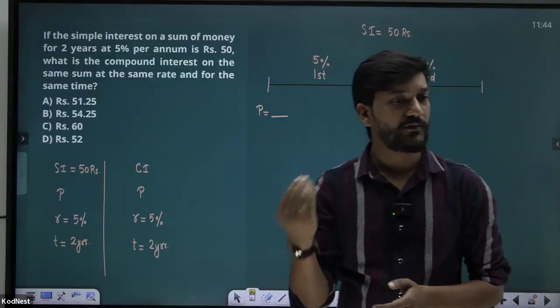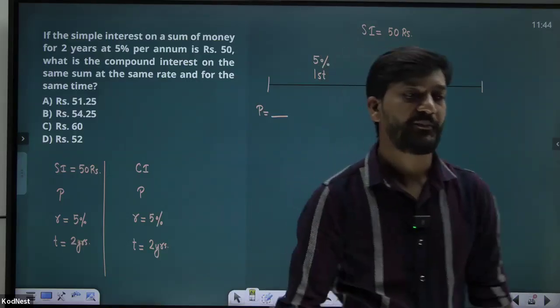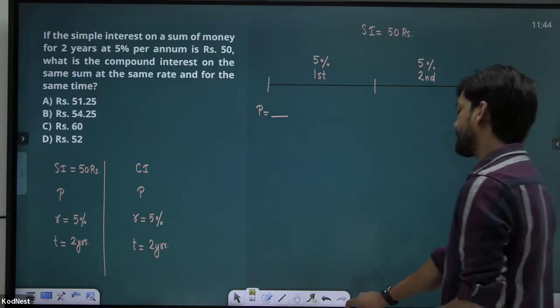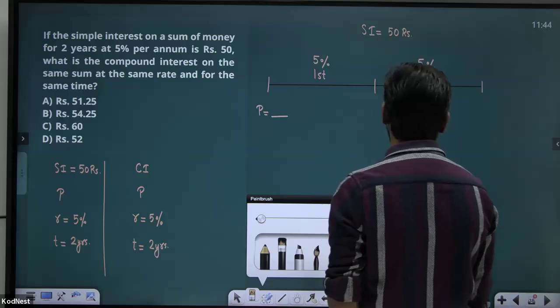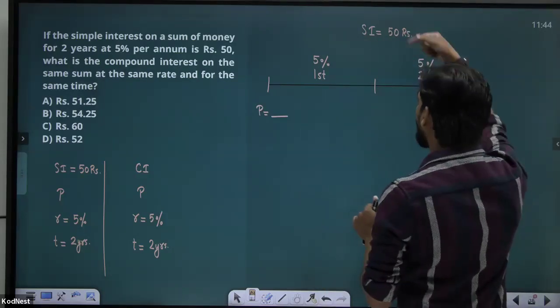So how much for the first year? How much for the second year? Answer separately. Tell me please, how much simple interest for the first year? How much for the second year? 50 rupees for 2 years. Simple interest, not compound. Don't say 50-50. Say, sir, half of 50, half of 50.